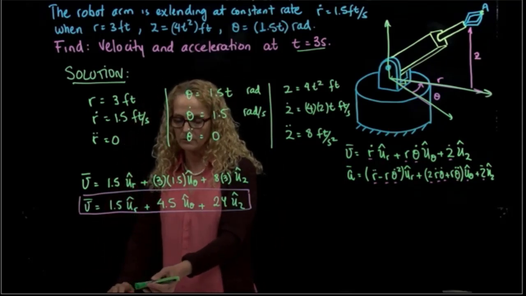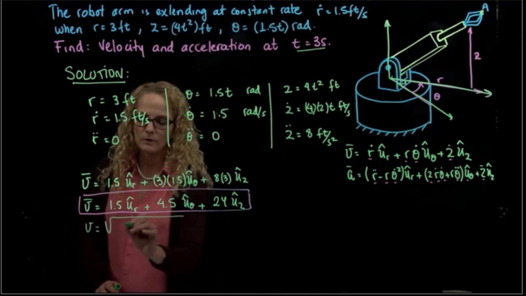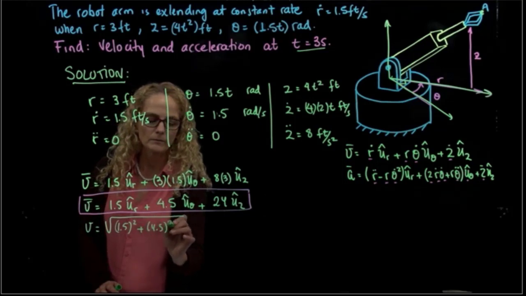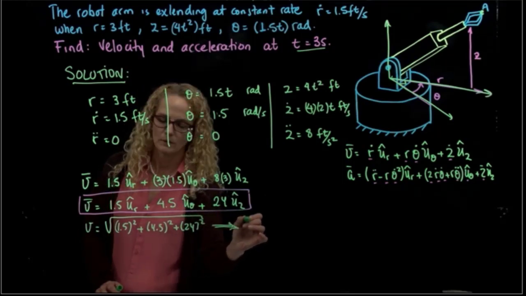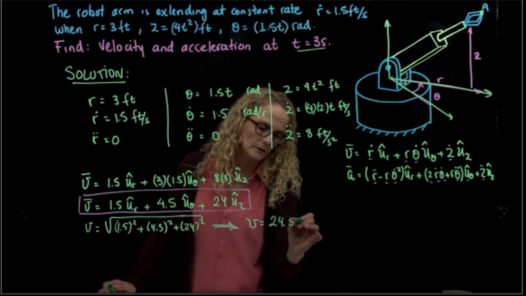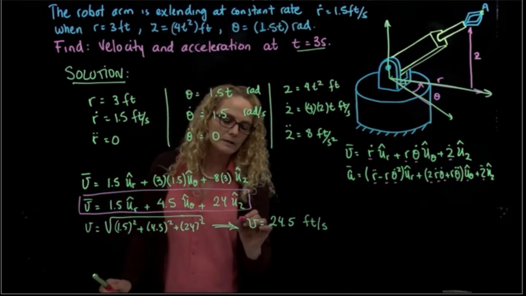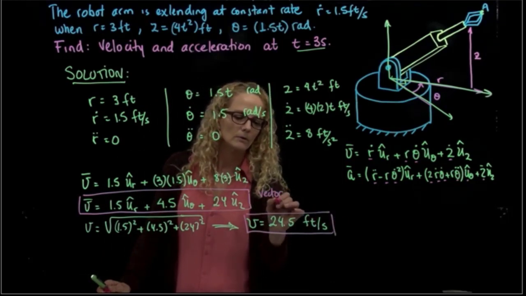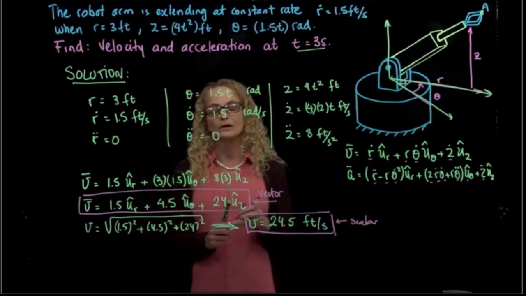So the magnitude will be equal to the square root of 1.5 squared plus 4.5 squared plus 24 squared. Therefore, the magnitude of the velocity is 24.5 feet per second. For the acceleration, we do something very similar. So this is a vector, and this is a scalar, because the magnitude is a scalar expression.